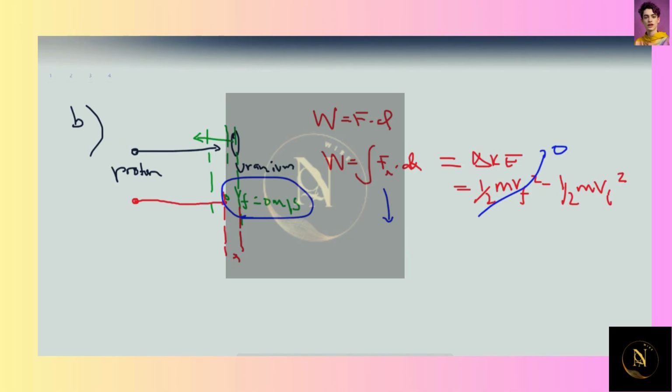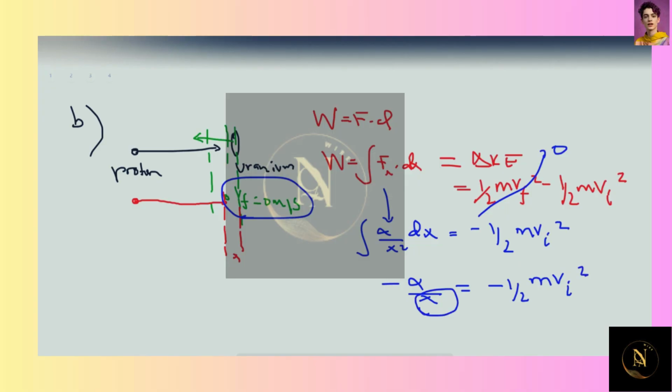As you can recall from the previous section, we have the integral of alpha over x squared dx being equivalent to negative 1/2 m v initial squared. We do have the initial velocity. If you do the integral at this point, you get negative alpha over x equals negative 1/2 m v initial squared. We want to solve for x, and so when you flip things, the minuses cancel out.